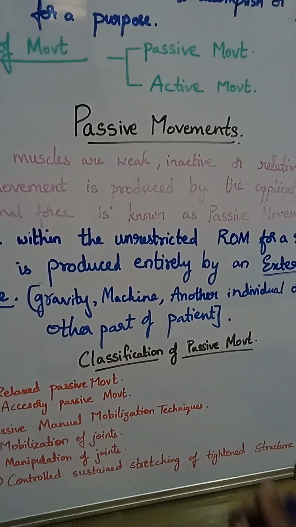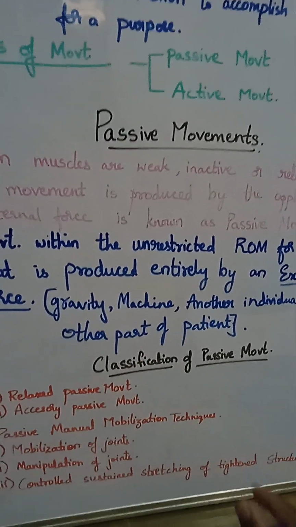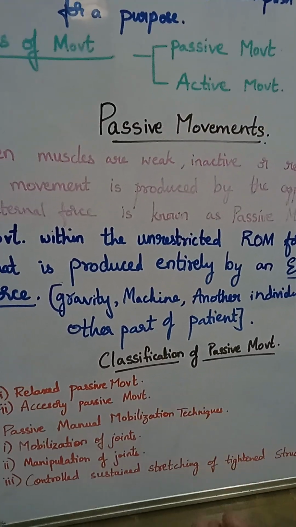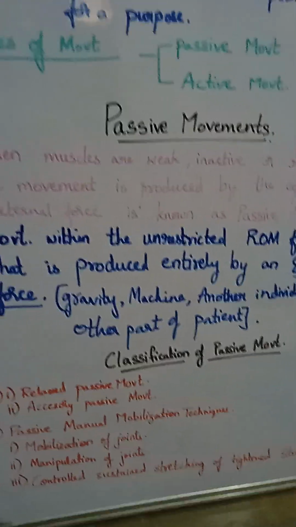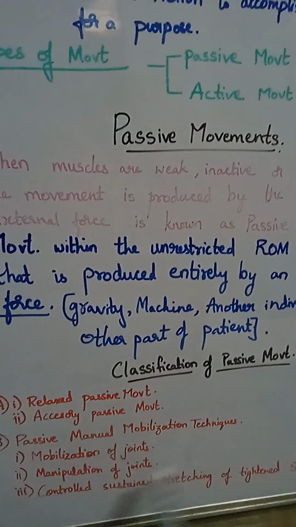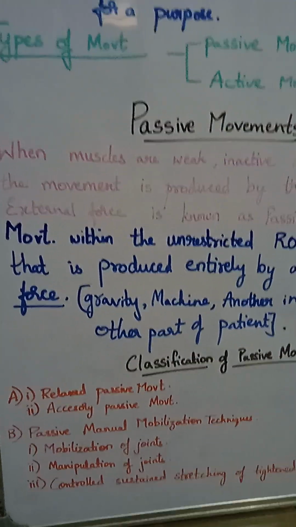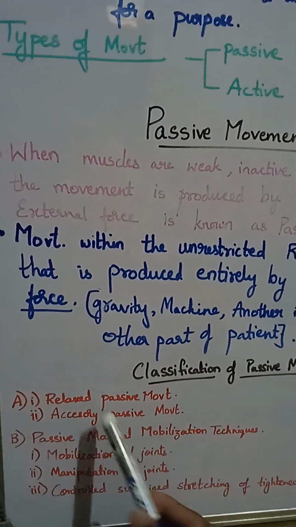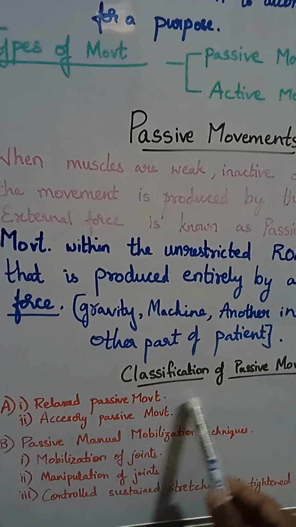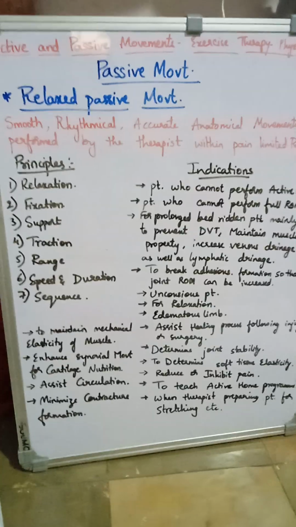What are the tightened structures? Obviously they will be the soft tissues. It might be the muscle, the tendon, or even the capsules. These three are separate topics which we are going to deal with in the upcoming videos. Today I'm going to explain the relaxed passive movements and accessory passive movements.